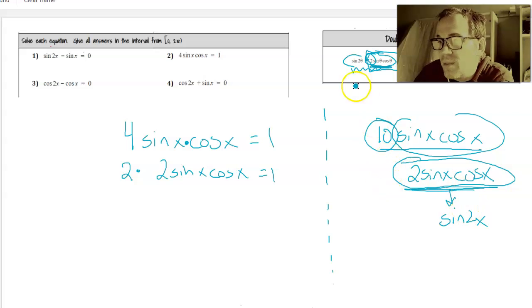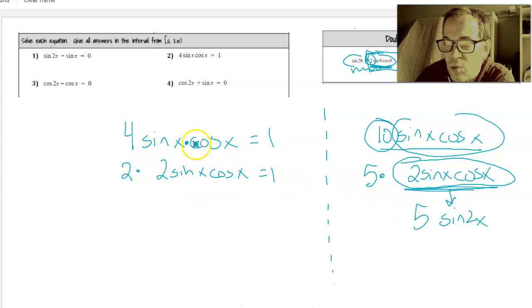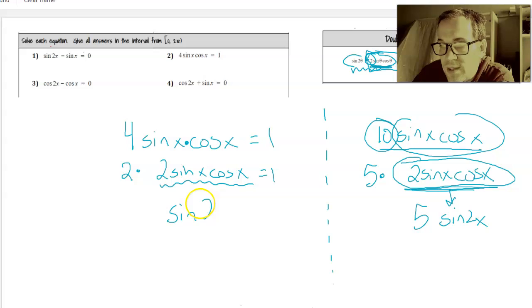And of course, at this point, you probably are thinking that would be a 5 there. Now that's not related to this problem specifically, but I just wanted to make sure that you understood what just happened here. And I thought with all these 2's it was confusing, so I changed it to something else. So now that I have my 2 sine cosine, I can replace this with sine of twice that angle. So it's 2 times this equals this.